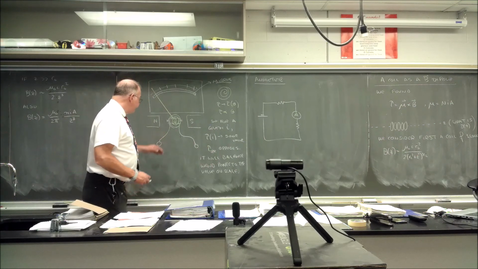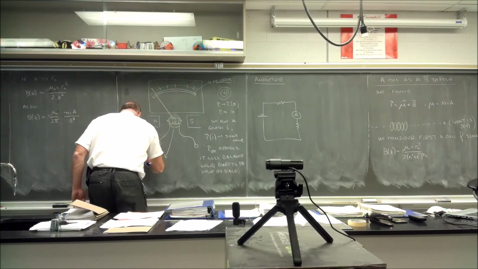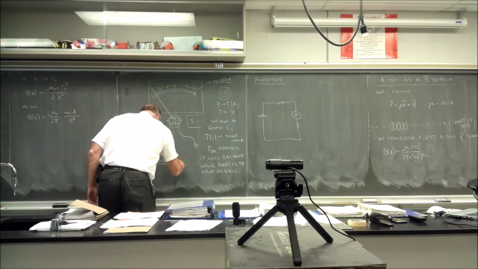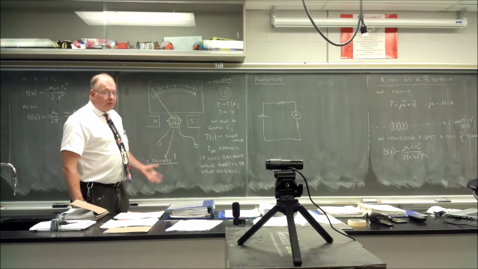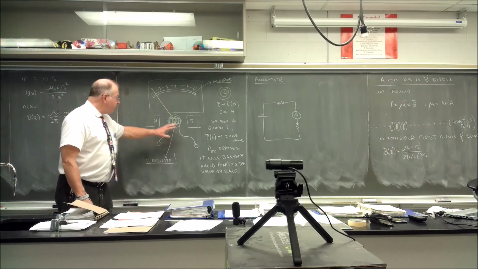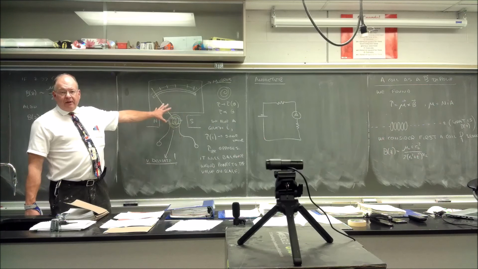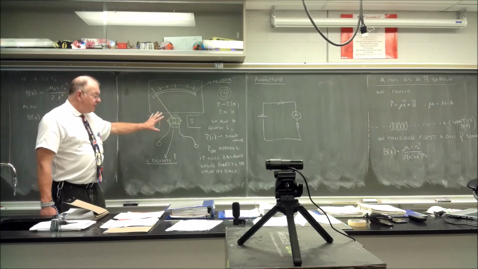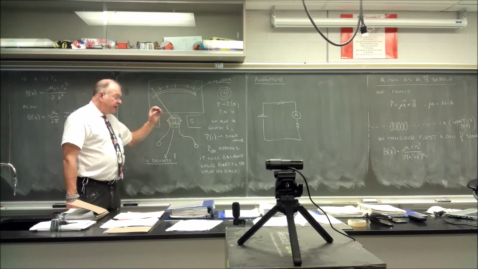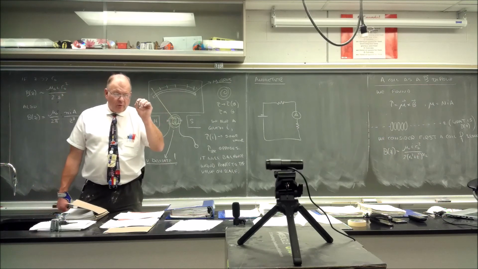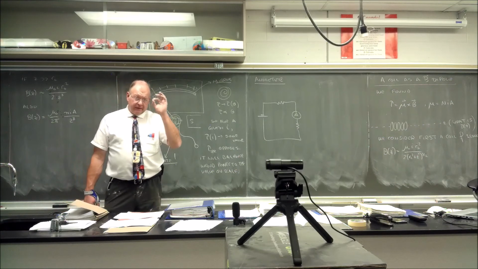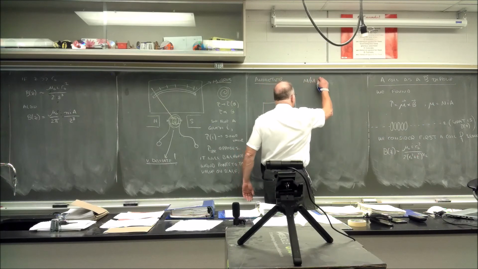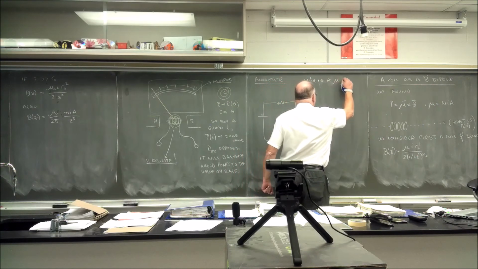But this is very delicate. You can't drop it, you can't throw it around, you can't put amps of current through it, or this will just turn into molten plastic and copper. This is microamps. It's very, very fine. If you see these things, the wire on these coils is just gossamer thin, okay? So the meter movement is a microammeter.